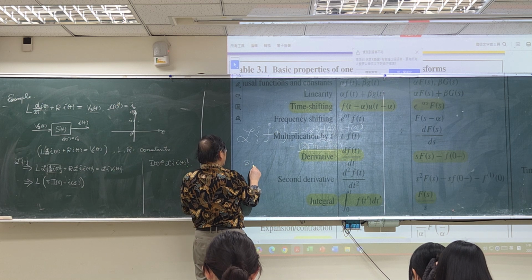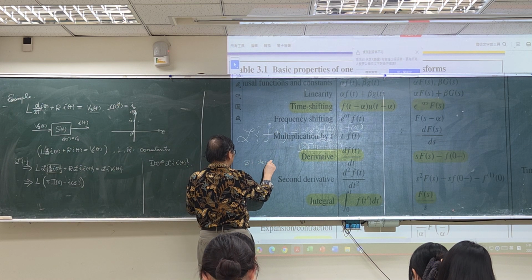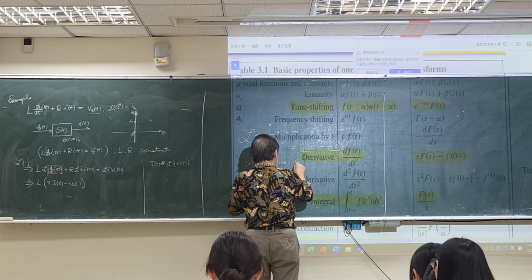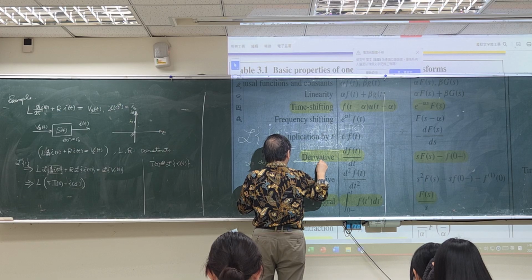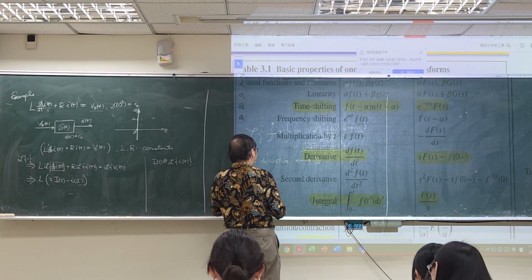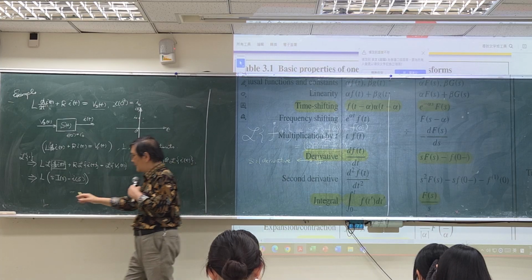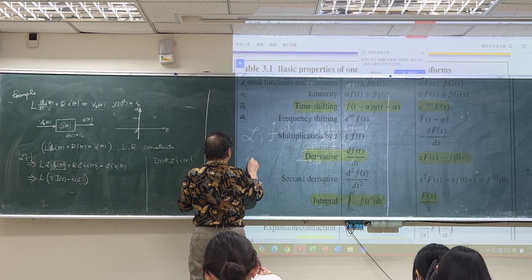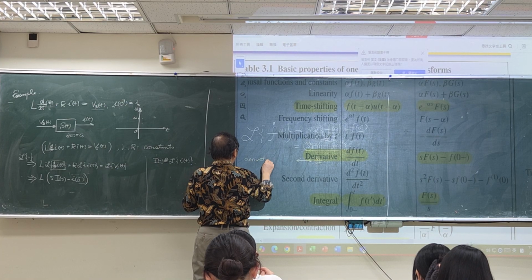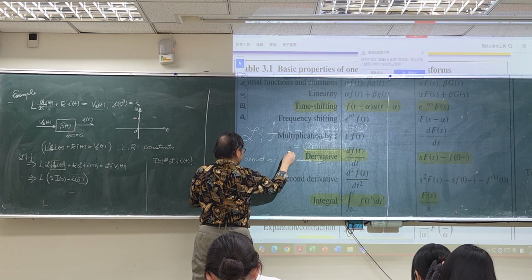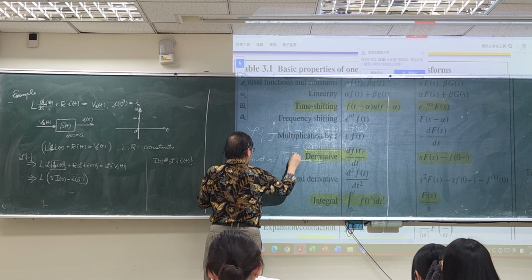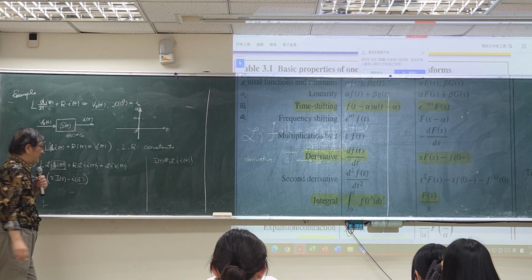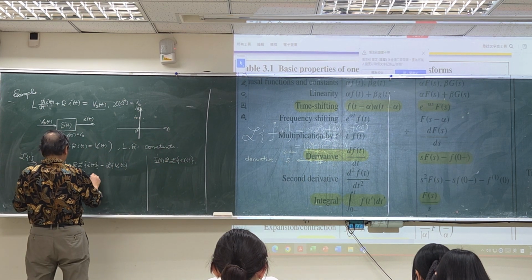So s is differentiation in the s domain, that corresponds to d over dt in the time domain. This is in the s domain, and this is in the time domain. You have to keep that in your memory. And then the remaining terms are straightforward.